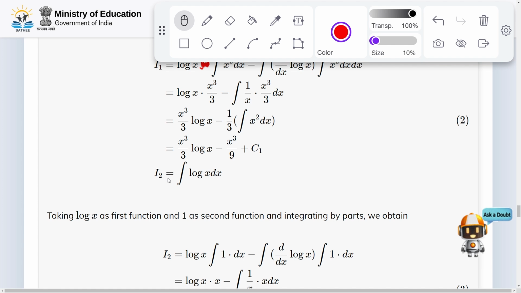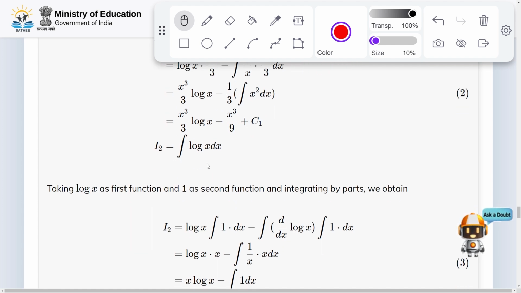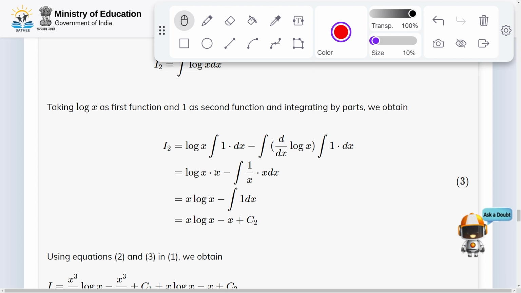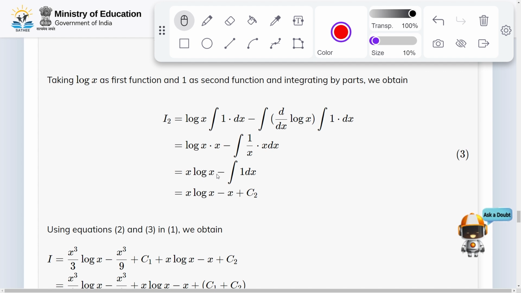Now for I2, the integration of log x, as we already saw for such type of integration, we took log x as your first function and 1 as your second function. So I2 will be log x multiplied by x minus the integration of 1 by x multiplied by x dx. So this will be x log x minus x plus some constant.